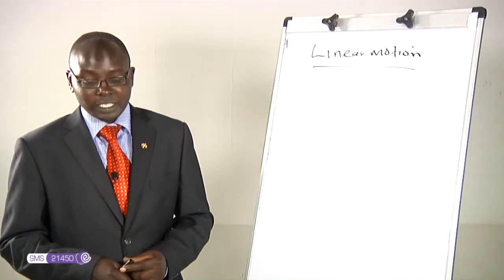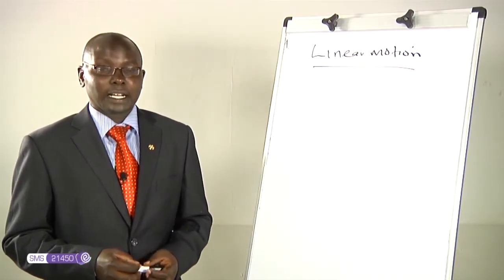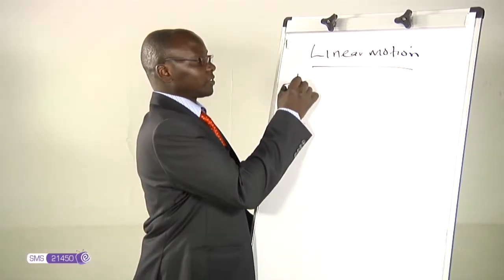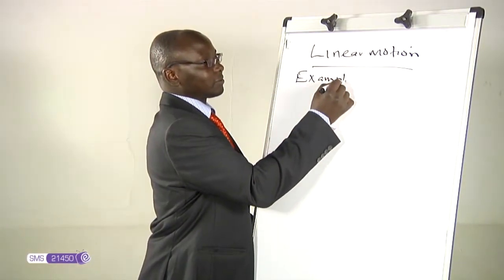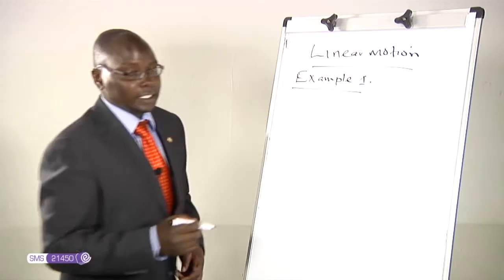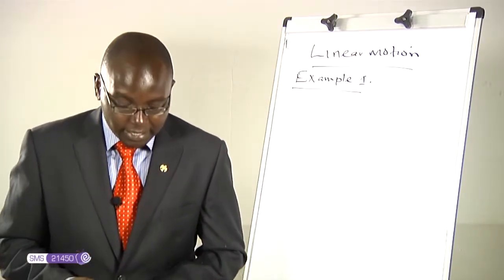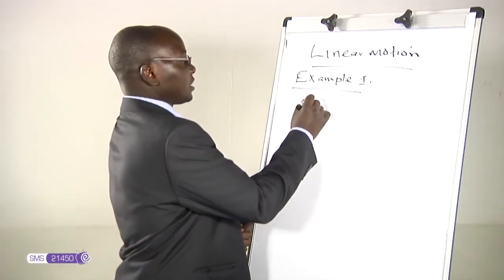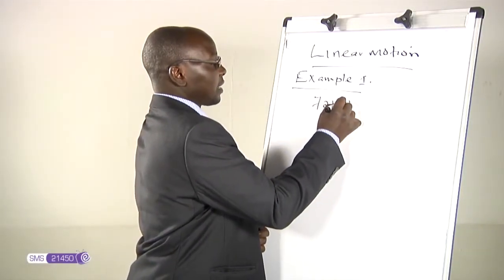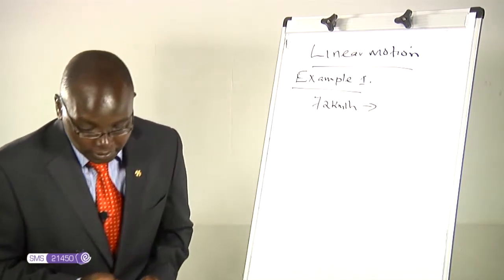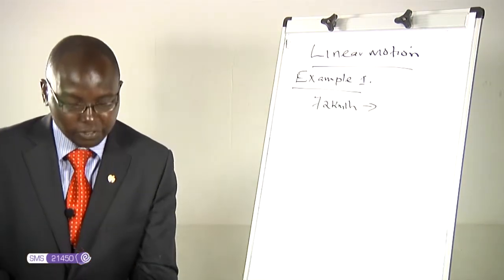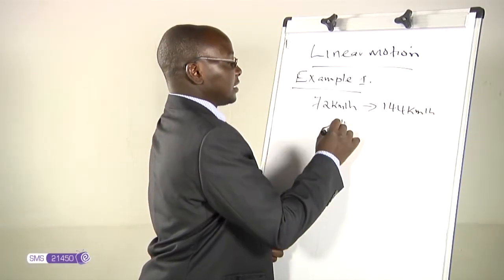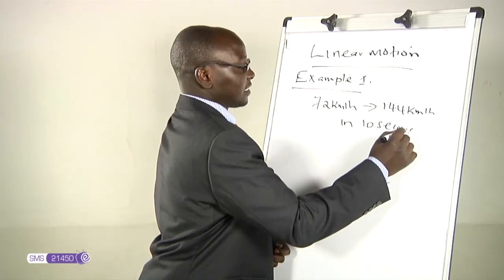We can now take up one example involving acceleration. Example 1 says: the velocity of a body increases from 72 kilometers per hour to 144 kilometers per hour in 10 seconds.